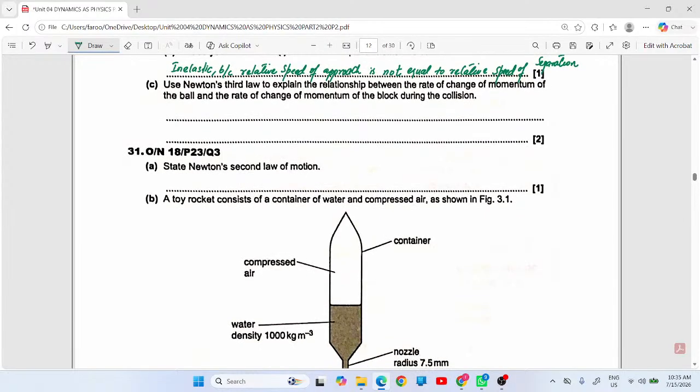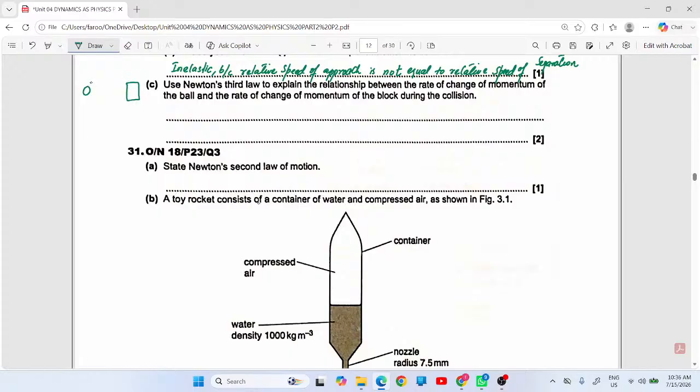Next, use Newton's third law to explain the relation between the rate of change of momentum of the ball and the rate of change of momentum of the block due to collision. For example, this is the ball and this is the block.